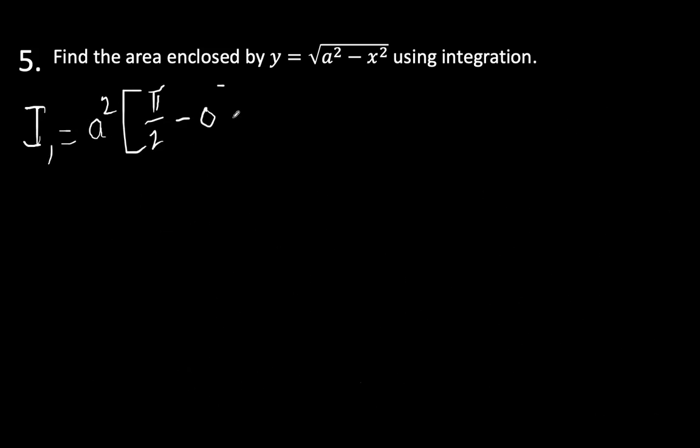So therefore, I sub 1 is equal to A squared pi over 2.